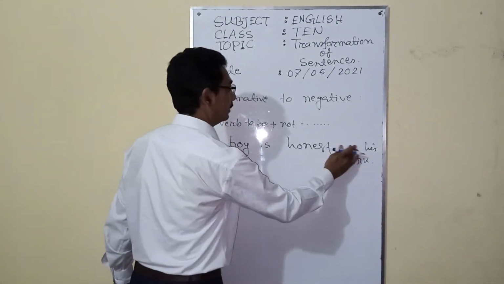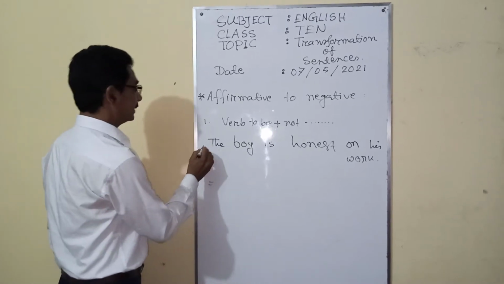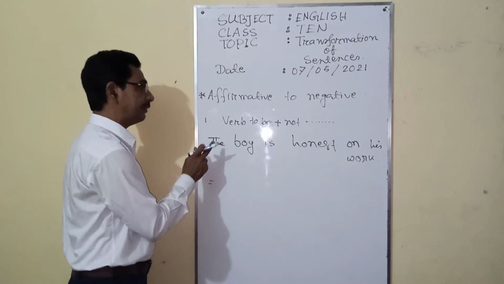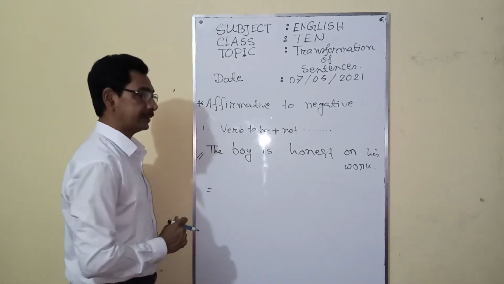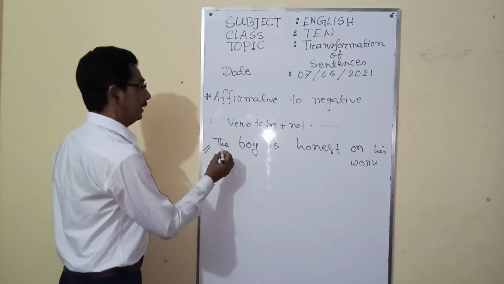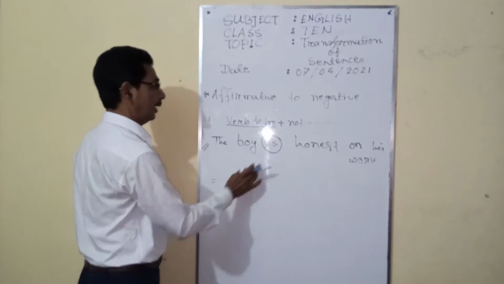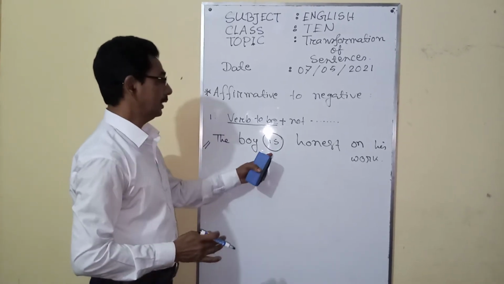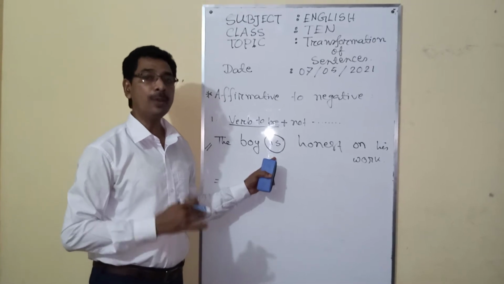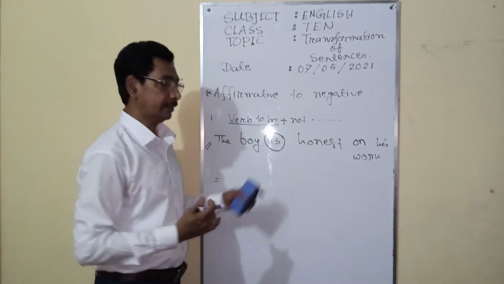This is an affirmative sentence, and you have to change this affirmative sentence to negative. How? Be attentive. This is an auxiliary verb or verb to be. If you find an auxiliary verb, you have to add not or a negative sign.